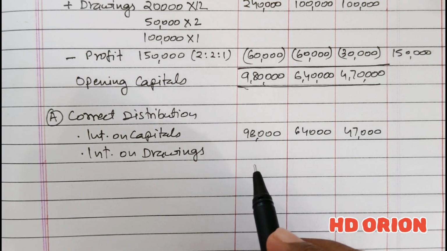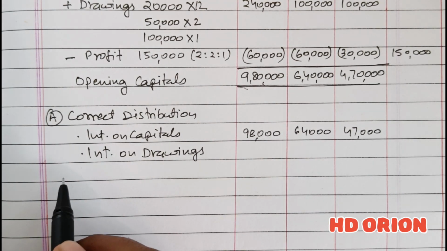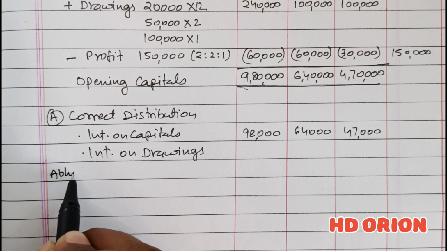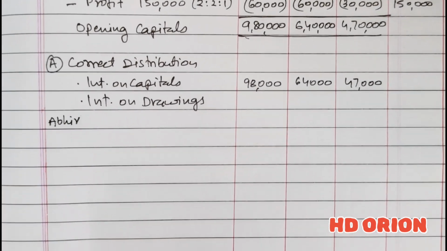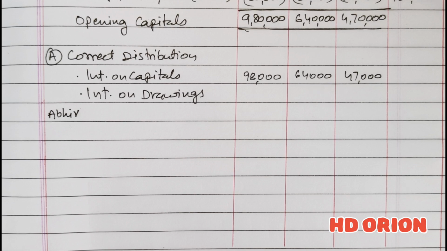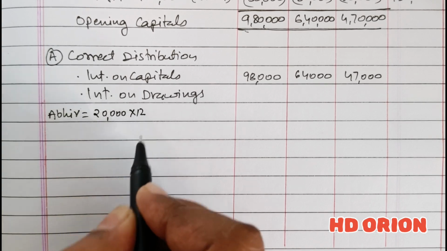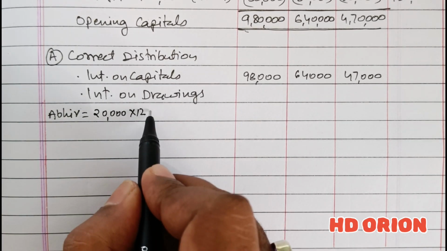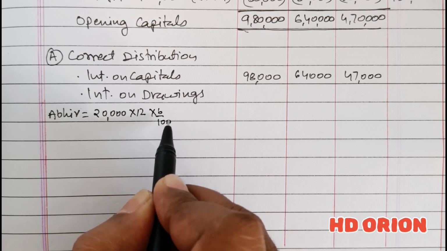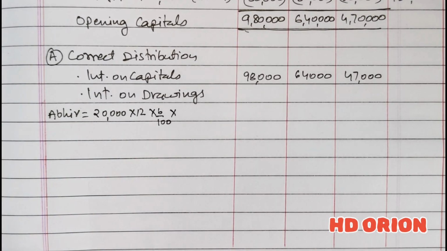Let us calculate interest on drawings for Abhir first. Abhir has withdrawn rupees 20,000 every month, so for 12 months, and rate of interest is 6% per annum. And this 20,000 is withdrawn on the last day of every month. You can read the question, it is in the third line in the second paragraph: the drawings during the year, Abhir rupees 20,000 drawn at the end of each month.